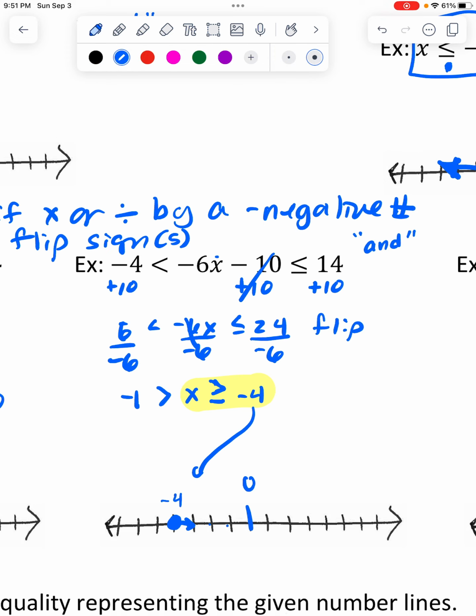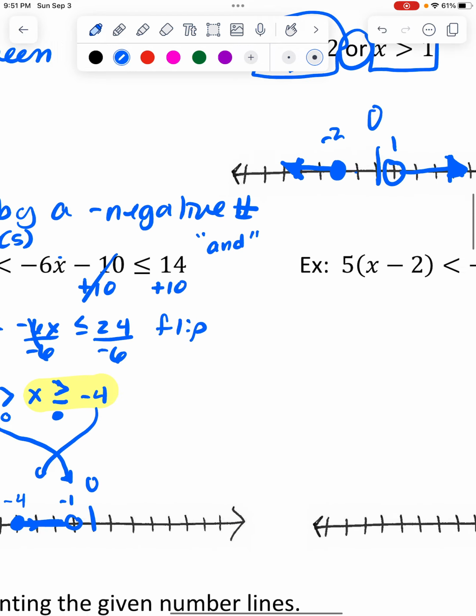But then on the other end, it goes to negative 1, which is not included because this one does not have the bar. So this is going to be open and this one's going to be closed. So the numbers actually end up kind of flip-flopped because you did flip those symbols around. But it is a between statement, and so you want everything in between. That way they will be less than the negative 1 and greater than the negative 4.